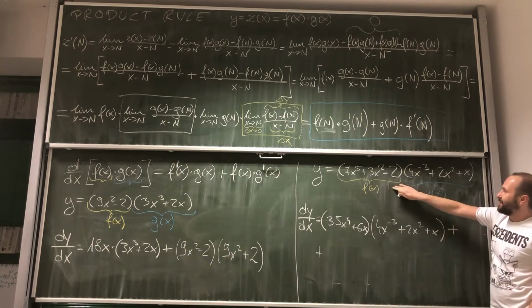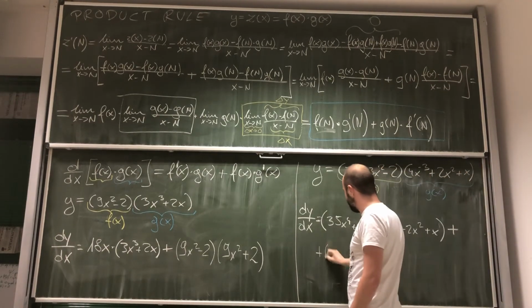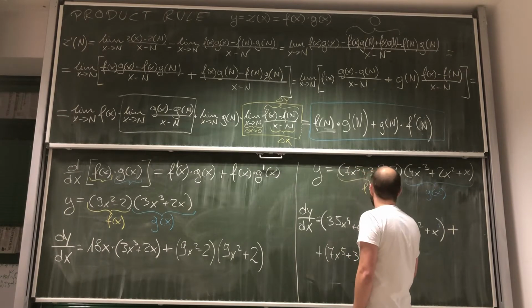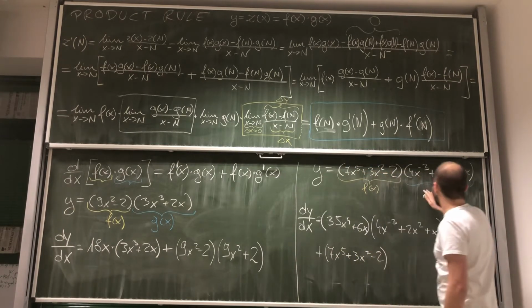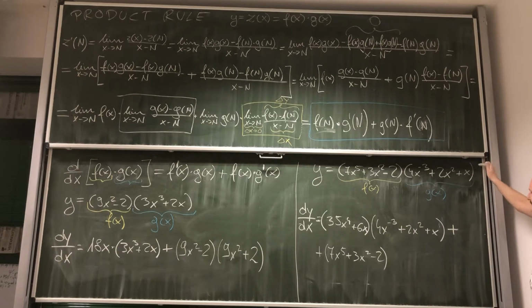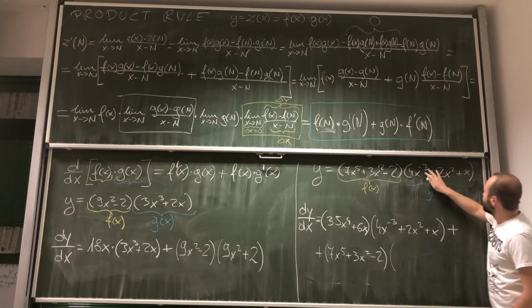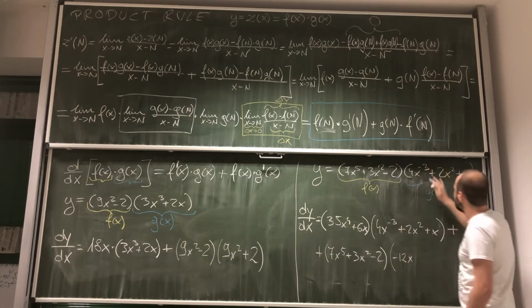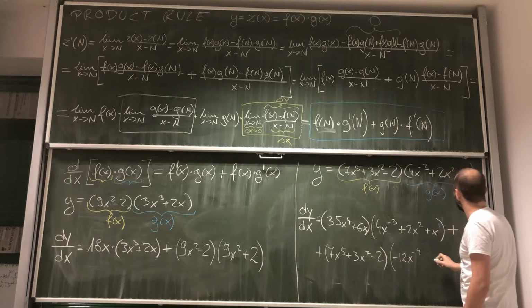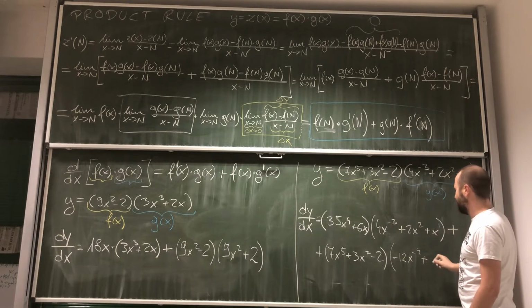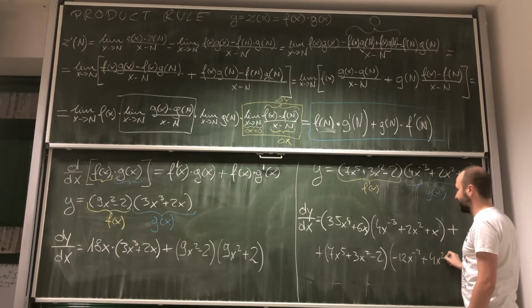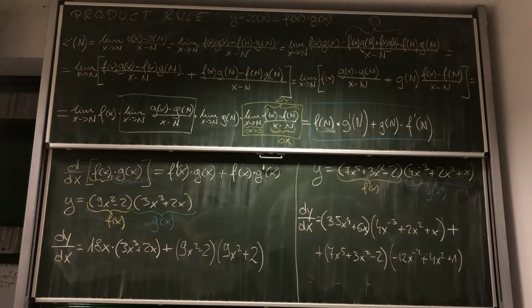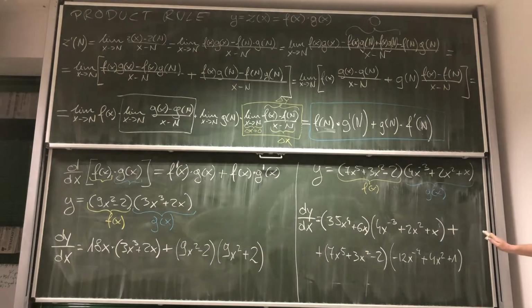I rewrite the first function, 7x to the power of 5 plus 3x squared minus 2, and then I differentiate the second function. So I get negative 12x to the power of negative 4 plus 4x squared plus 1. Again, this is our result.